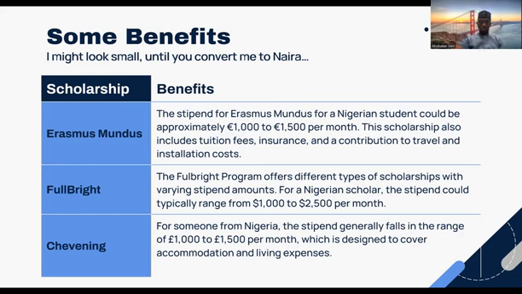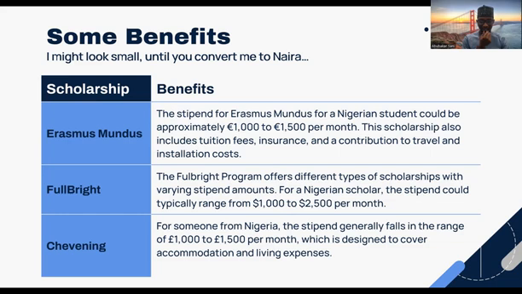It's enough for you to pay for your accommodation as well as living expenses. And of course, tuition fee is going to be covered, insurance, and even the travel, flight tickets are going to be covered for you. All right. So these are some of the benefits you get if you get the Erasmus Mundus scholarship.